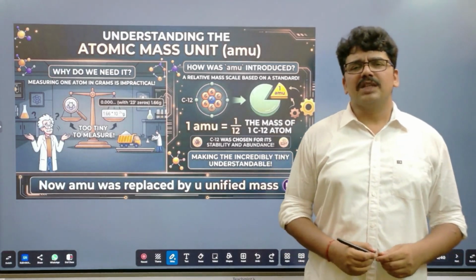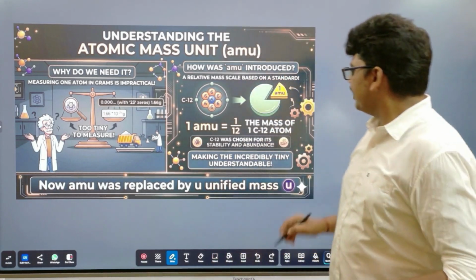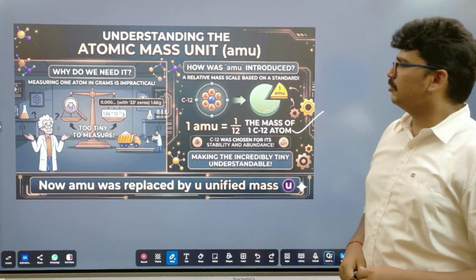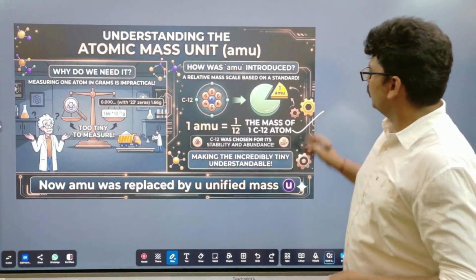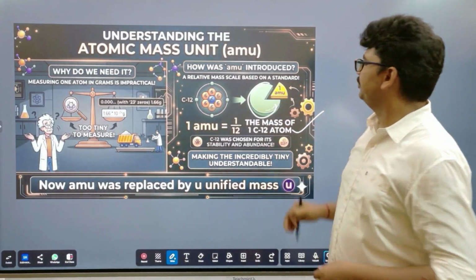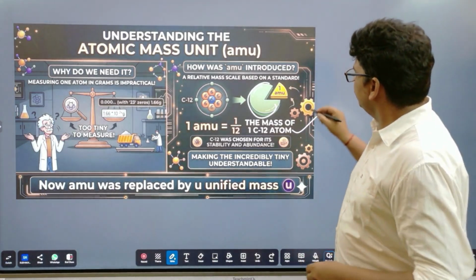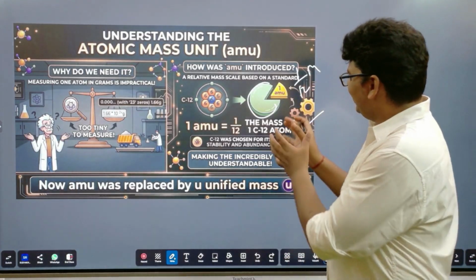Next, coming to atomic mass unit, AMU. So atomic mass unit is 1/12 mass of carbon 12 isotope. So this is carbon 12 atom. Here 1/12th part of carbon 12 isotope is taken.